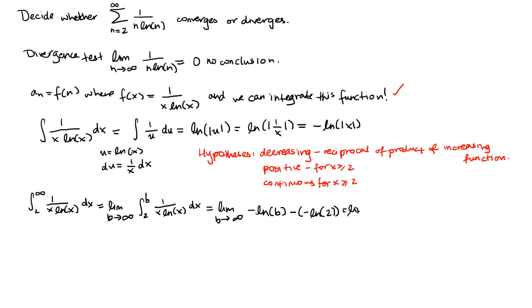This is the limit as b goes to infinity of log log b minus log log 2. And we can see here that this diverges.